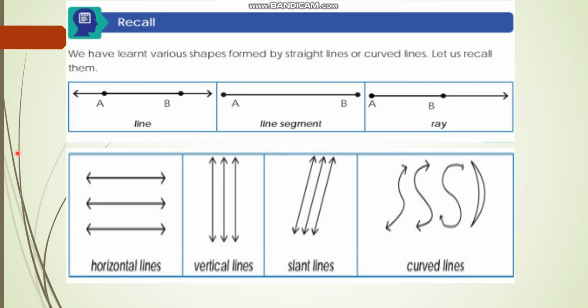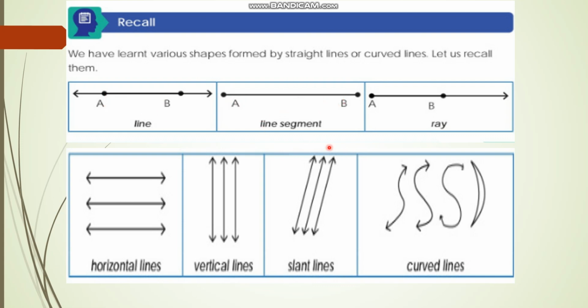Look at the next one, line segment. Can you say what is a line segment? A line segment is a part of a line. If we take the points A and B, then we get a line segment.